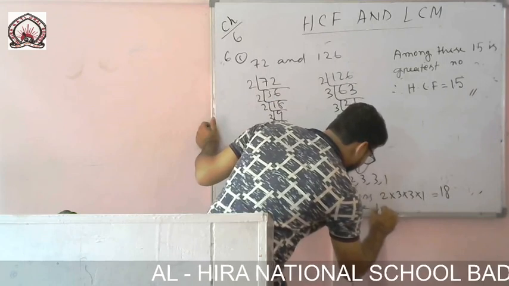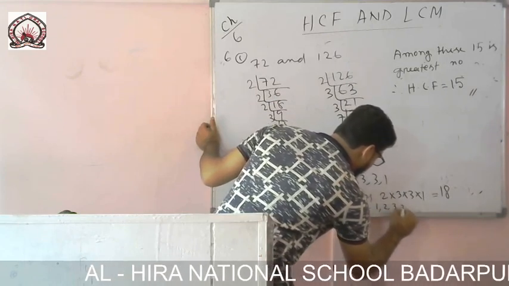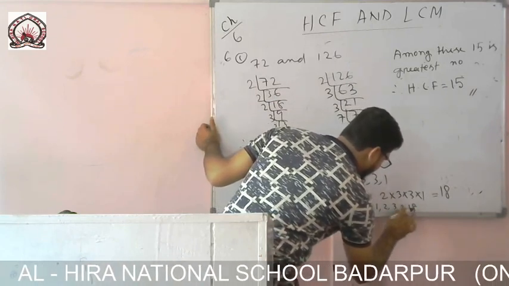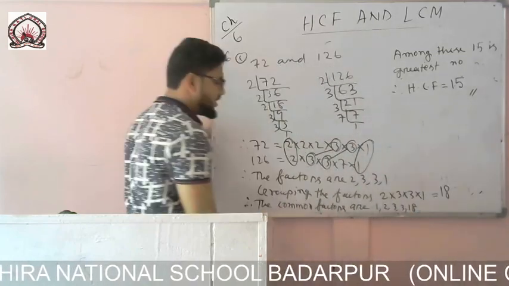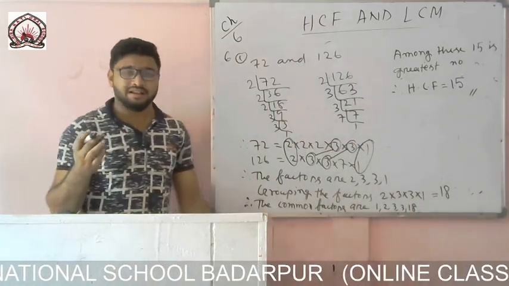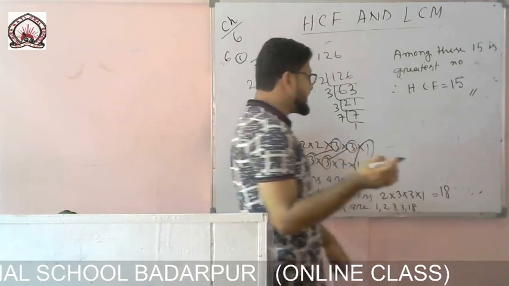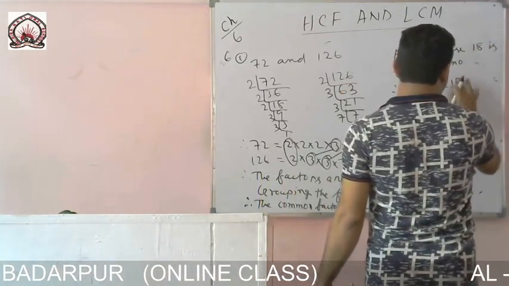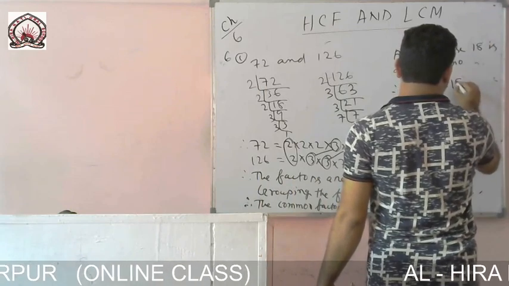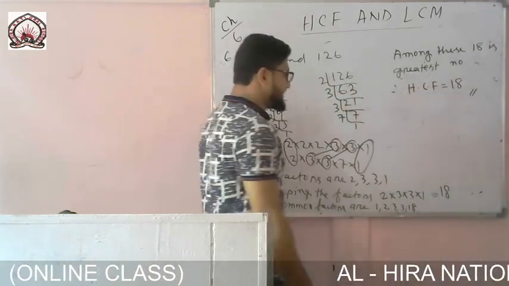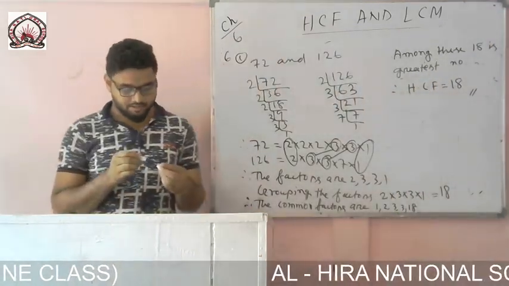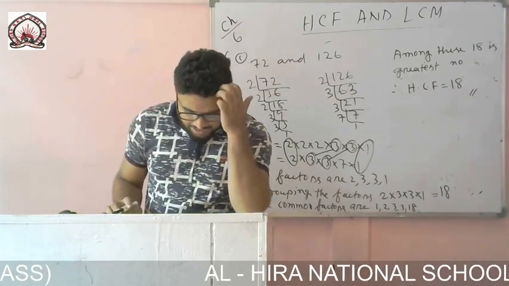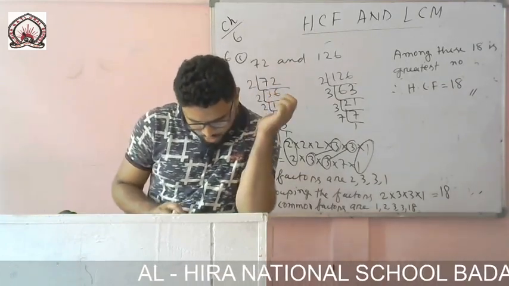So write 1, 2, 3, 3, 18. Okay, so among these, 18 is the greatest one. So 18 is the HCF. Among these, 18 is the greatest number. So HCF equals to 18.